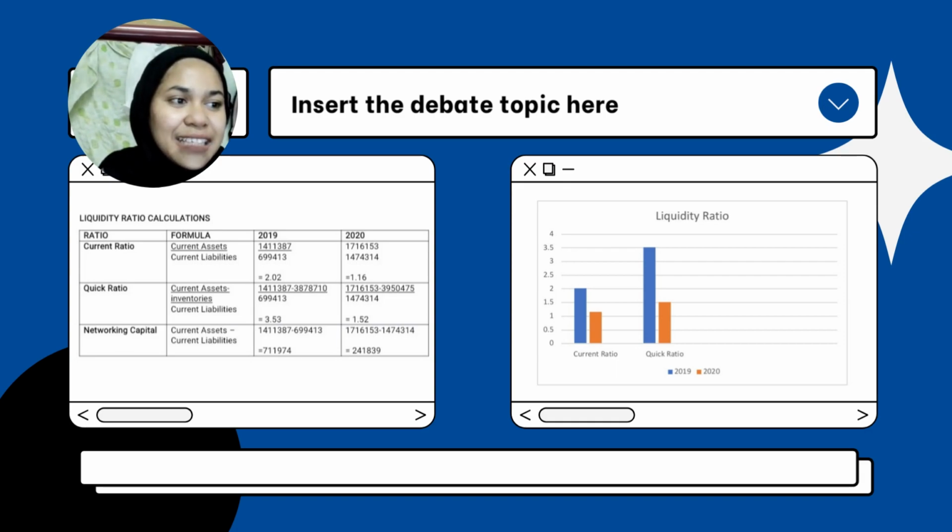In 2019, we get 3.53, and in 2020, 1.52. Net working capital, current assets minus current liabilities. In 2019, we get 711,974, and in 2020, 241,839.